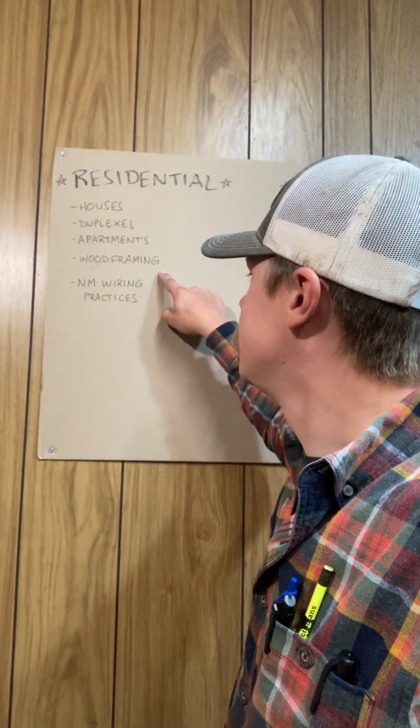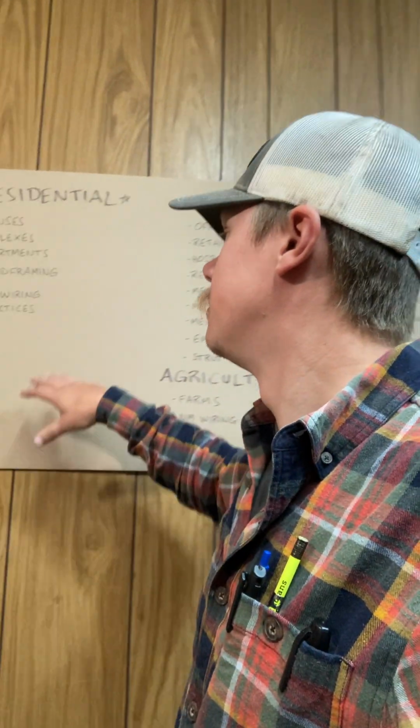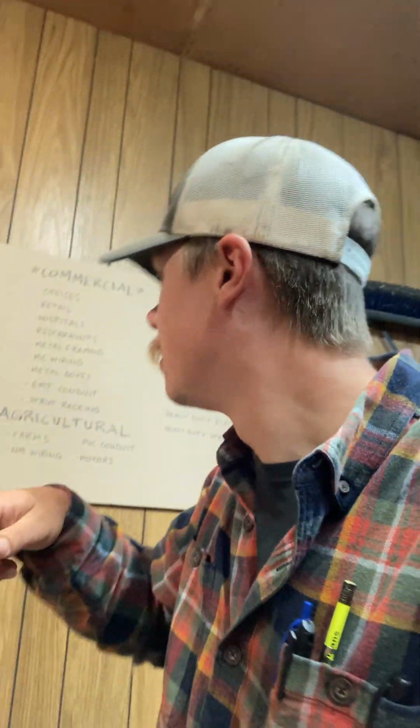Typically, it's anything that's wood-framed or anything where people live. 9 times out of 10, for argument's sake, wood framing and where people live, typically houses, is residential as far as I'm concerned. So we do a lot of non-metallic wiring, Romex as we like to call it, cable, non-metallic boxes. Kind of get the gist of that, I'm sure.